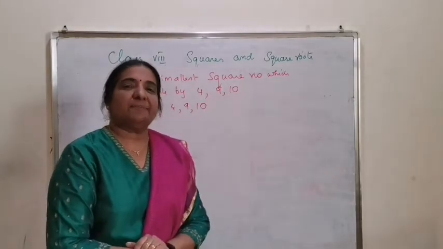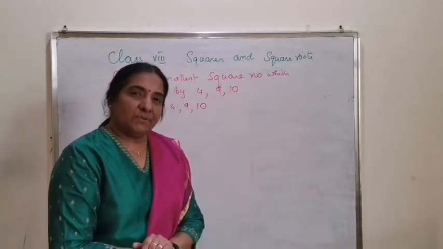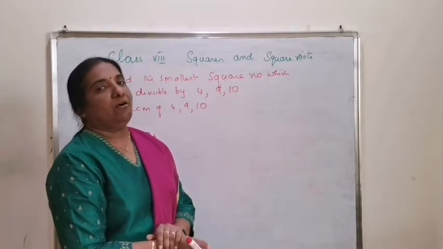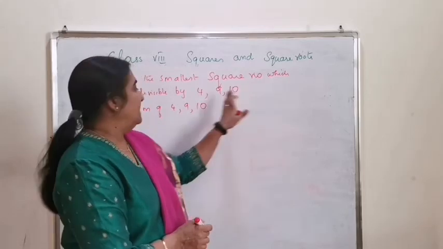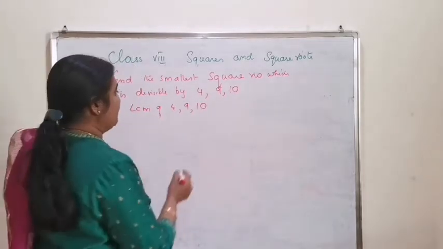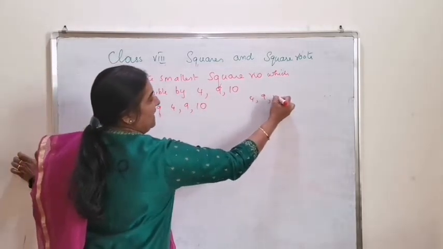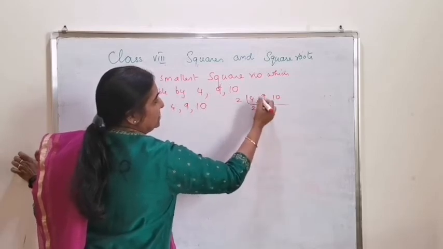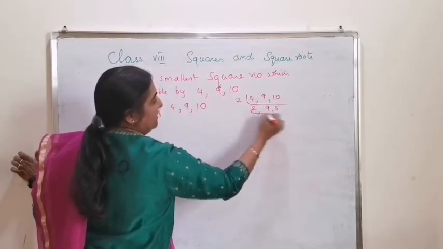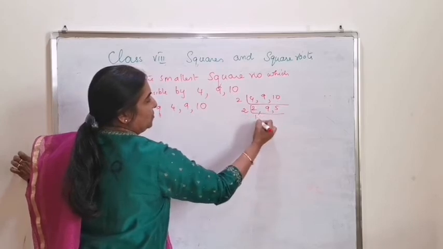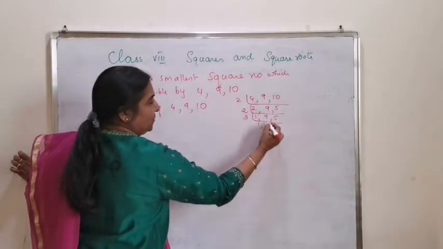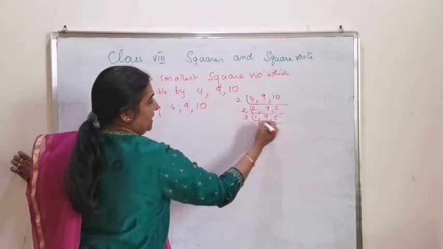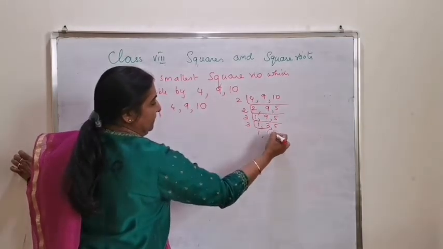So the first step is to get a multiple of these numbers, which can be found by the least common multiple. The LCM of 4, 9 and 10: divide by 2, then by 2 again, then by 3 and 3, and by 5.